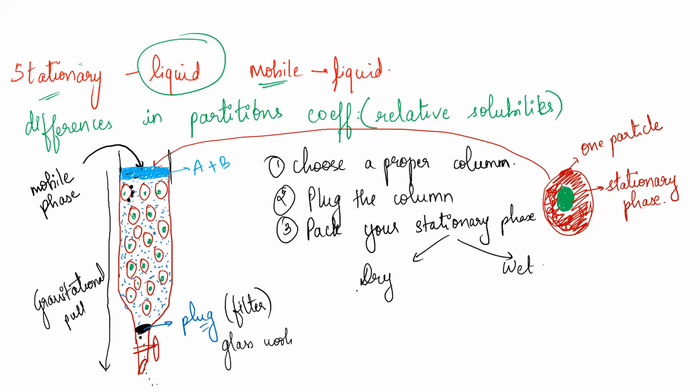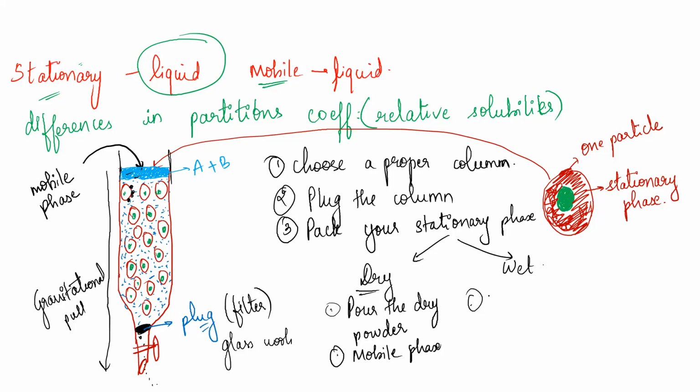Whatever your stationary phase is, it could be silica, it could be any other polymer like starch. Okay, so your stationary phase is available commercially, you order it, you then pour the dry powder, and then on top of that you add your mobile phase. Okay, that is known as dry packing.